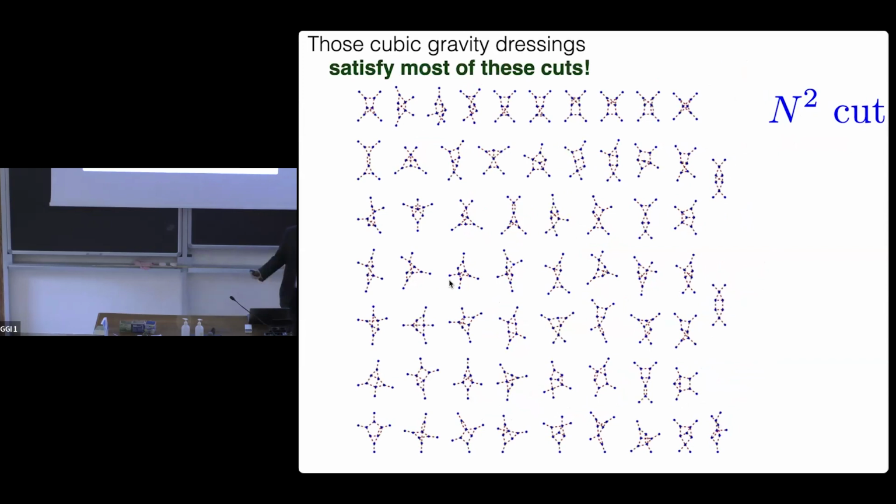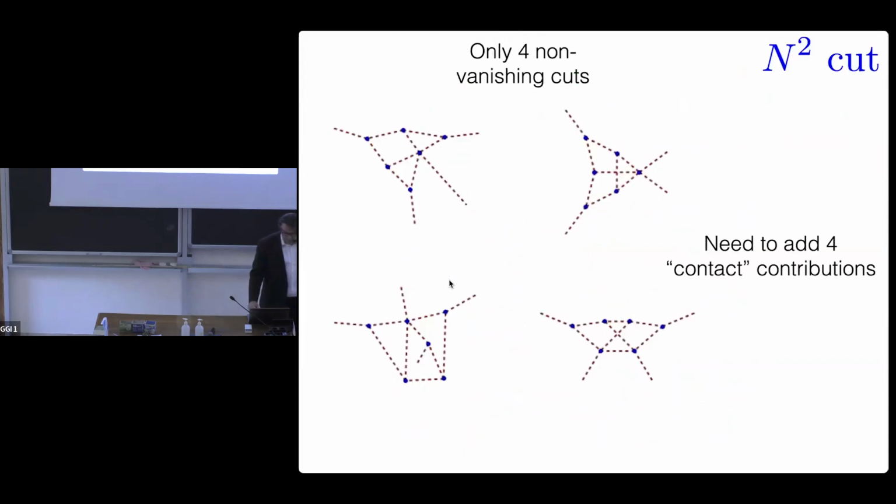Indeed, for the representation I showed you, you satisfy the vast majority of these next squared cuts. In fact, you only have 4 non-vanishing cuts. These are the only 4 guys that have on-shell data where Jacobis aren't satisfied. So you need to double copy the violations of the Jacobi to get the contributions.